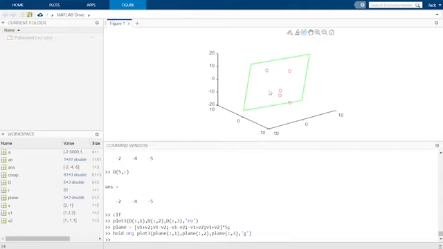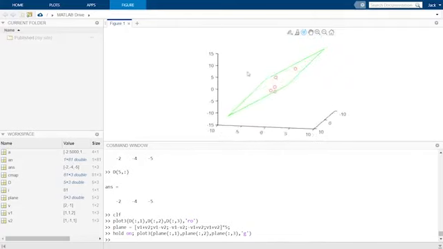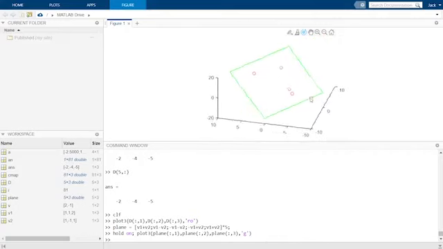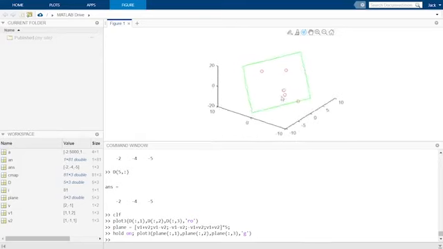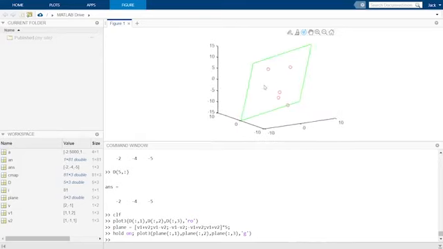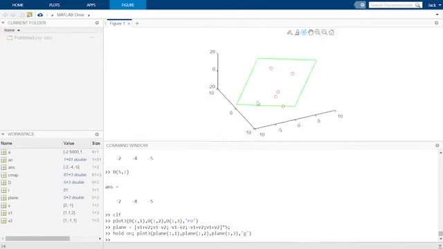And by using the rotation function in the window, we can easily see that all of the red data points fall within this plane, showing how even though we have 3 features, due to correlation among the features, our feature space can be more compactly represented within a simpler 2D subspace.